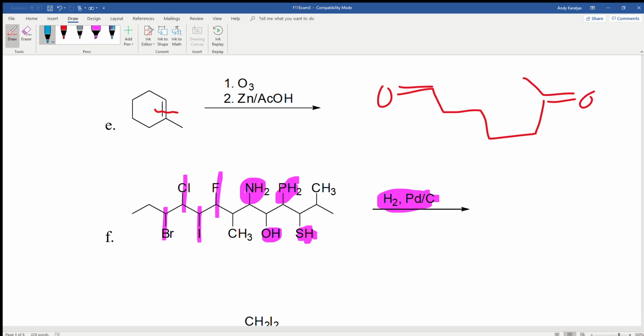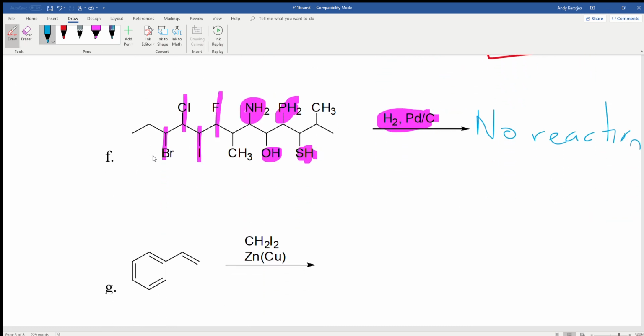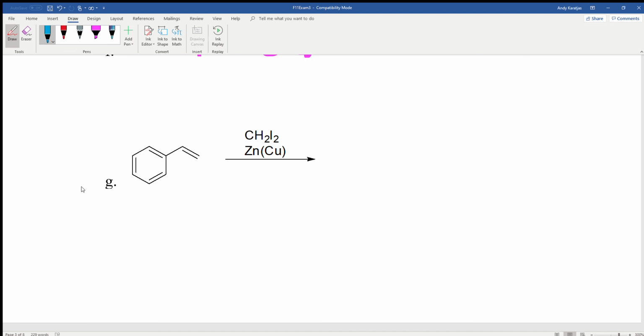Given that we have no alkenes or alkynes in this starting material, nothing will happen here at all. Part G are the conditions for the Simmons-Smith reaction. The Simmons-Smith reaction, we know, is a method of converting an alkene to a cyclopropane ring.